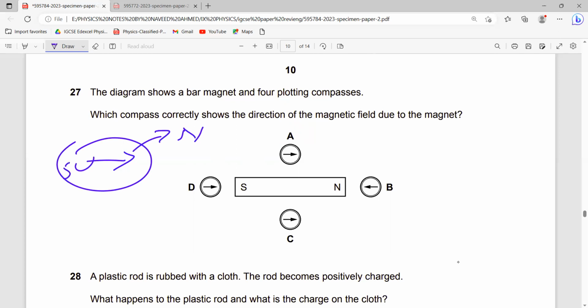And you know, north and south attract each other. Here we have to show the correct position of the compass. North and north repel, so this is not possible. Only this one, where north and south attract. So this D is the right option.